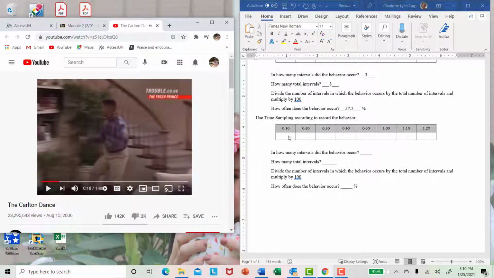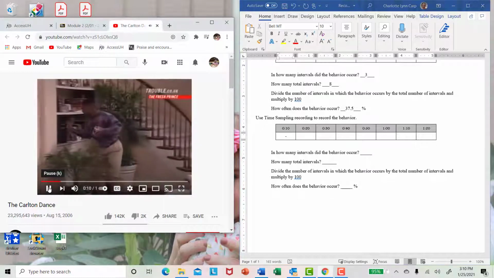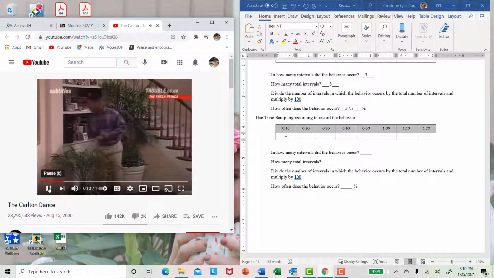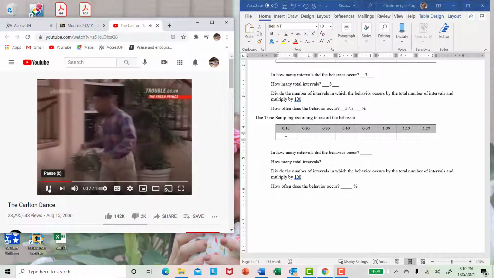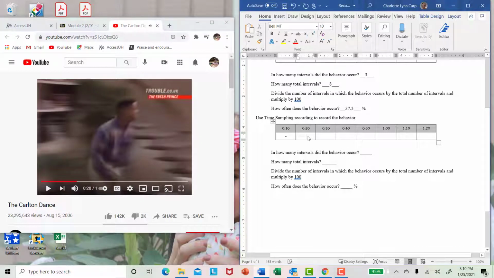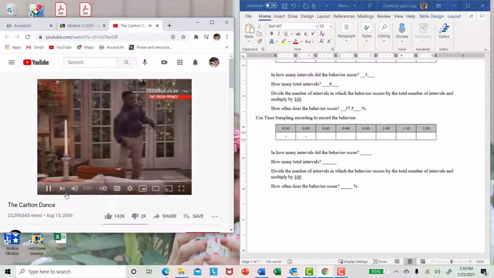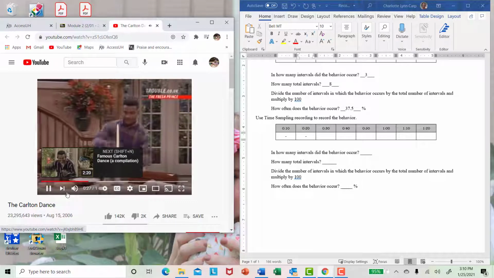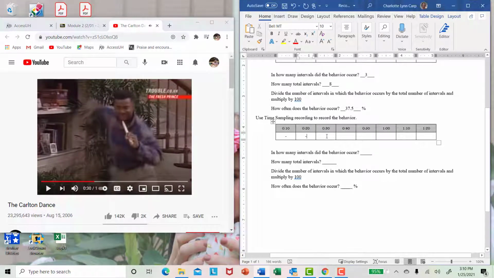All right, he is not dancing or moving, so put a minus. All right, not dancing or moving, so put a minus. Okay, so he is dancing at the end of the interval, so we're going to put a plus.